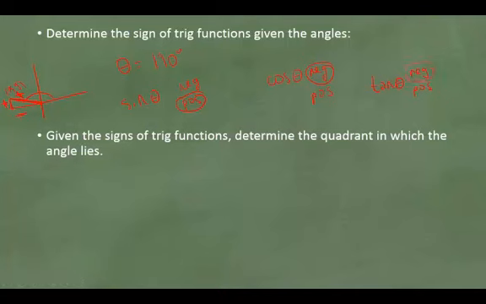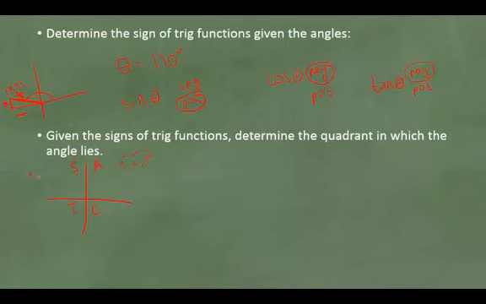A quick way of memorizing this is the mnemonic, all students take calculus, which says that in the first quadrant, all of the trig functions, sine, cosine, and tangent, are positive, all of them. In the second quadrant, only sine is positive.